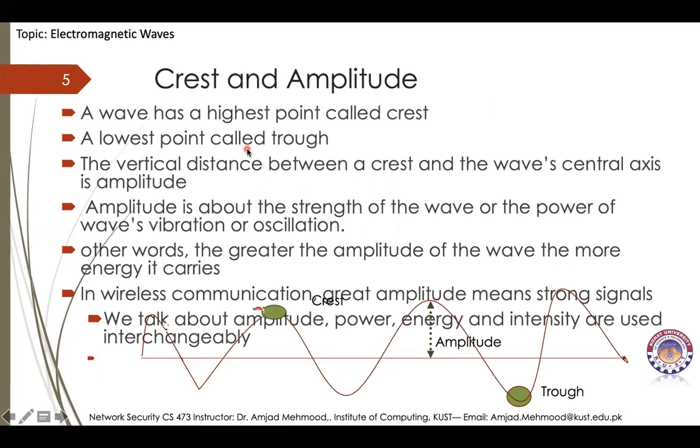A lowest point is called trough, so this is the lowest point of the wave. The vertical distance between crest and the wave's center axis is amplitude, so this is called amplitude from the axis, and from the top, which is called crest, we call this amplitude.